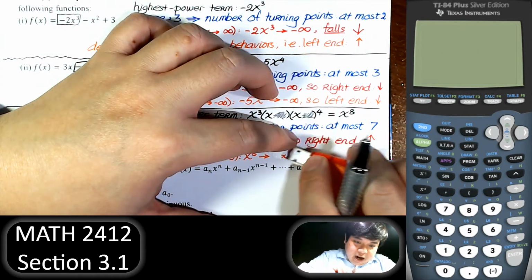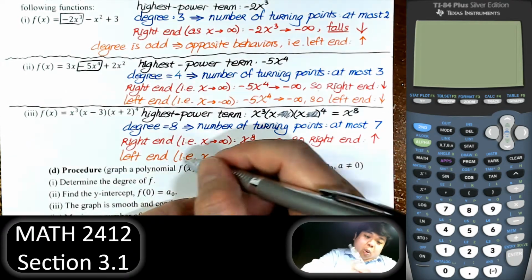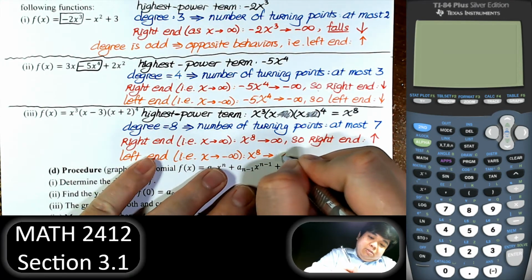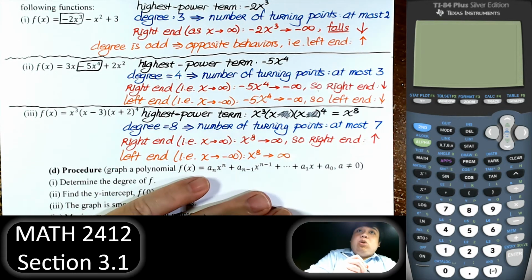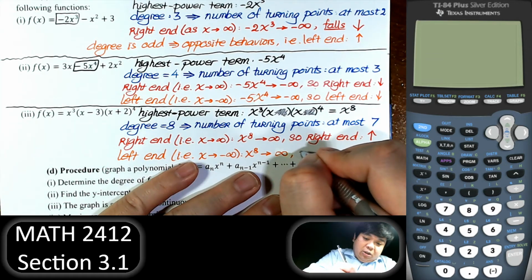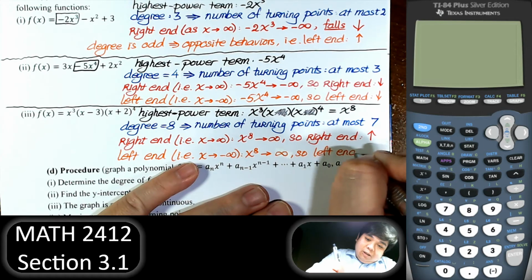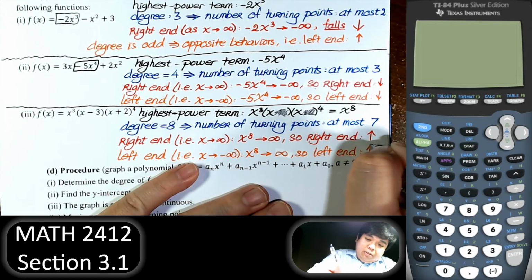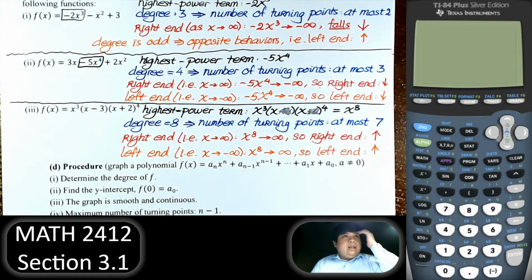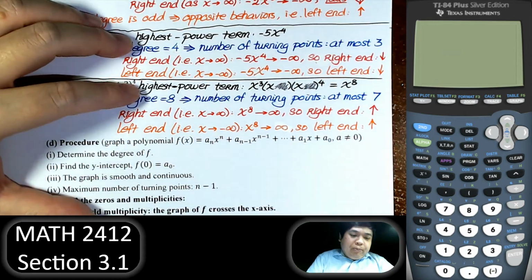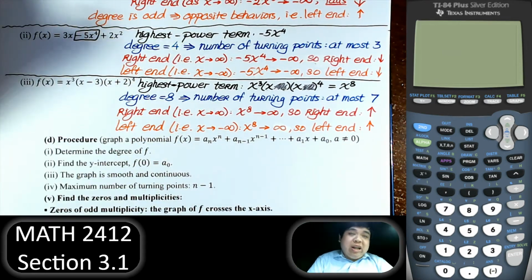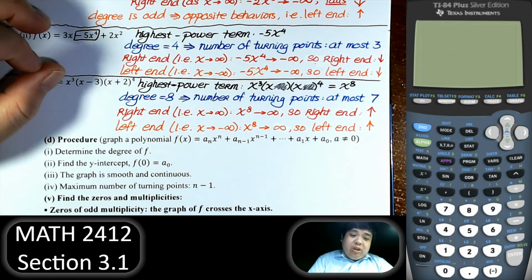It is to an even power, right? So where x is negative, it's still positive, so still goes to infinity. So the left end goes up. So for the end behavior we will use x going to infinity or x going to negative infinity to determine that.